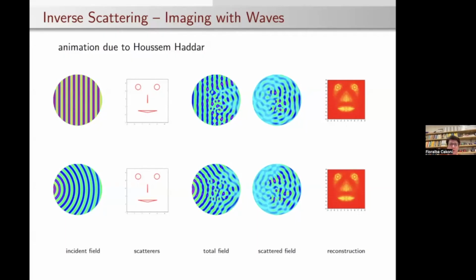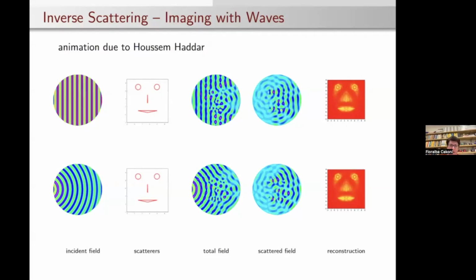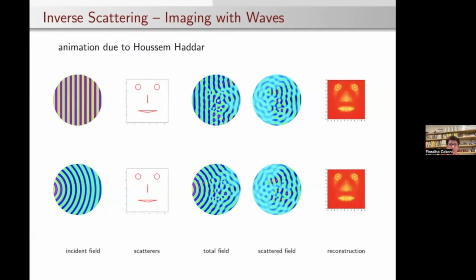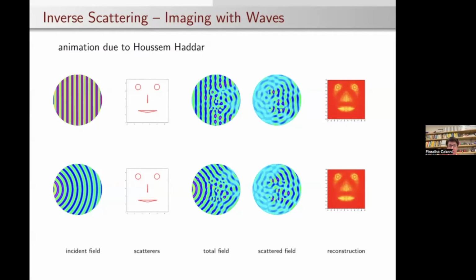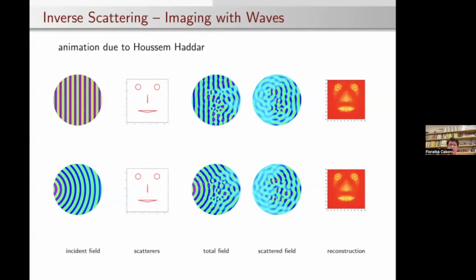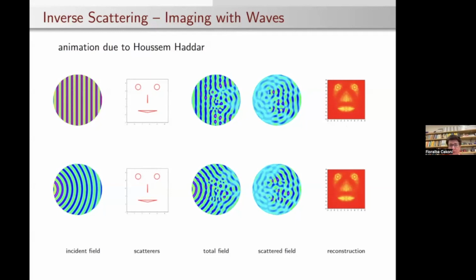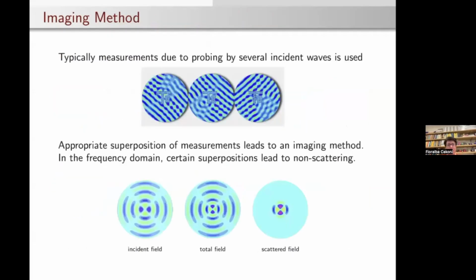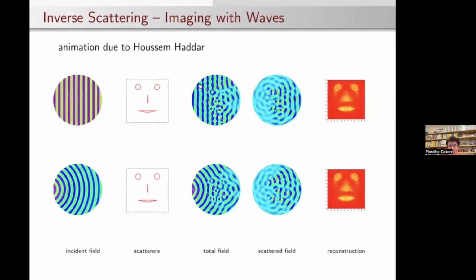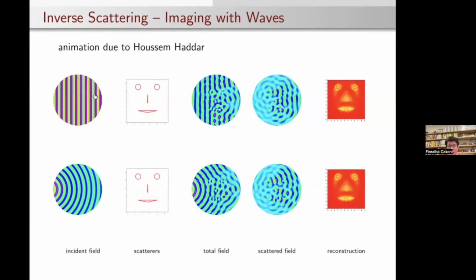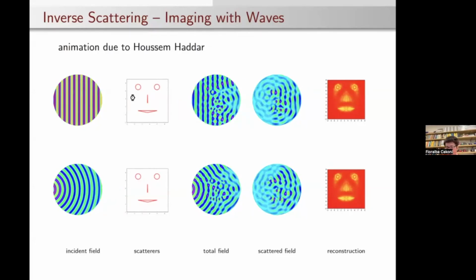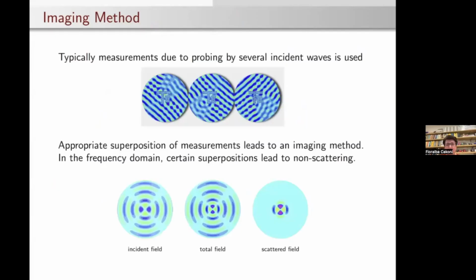So in my talk, I'm going to briefly discuss and try to understand the scattering phenomena in the context of scattering theory that would lead me to these eigenvalues, these special frequencies. My discussion will be in the frequency domain. Most of the time, one has a response of the inhomogeneity to the probing wave, and that's why it's possible to solve the inverse scattering problem.